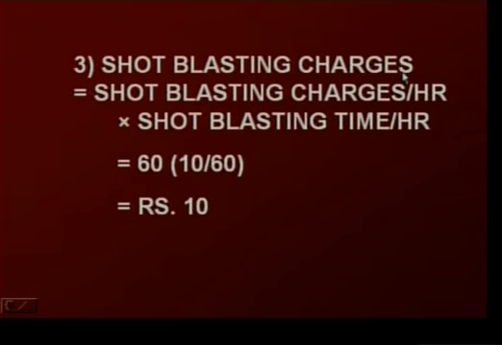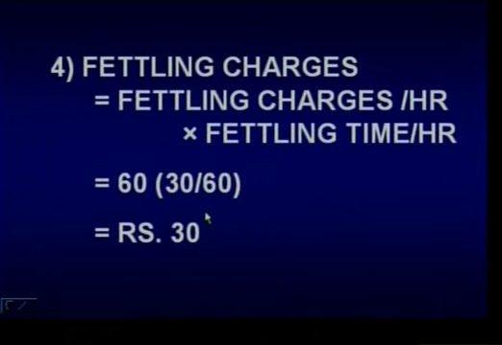Shot blasting charges, the product of shot blasting charges per hour with shot blasting time per hour, that is 60 into 10 by 60, the value becomes 10 rupees. Fettling charges, it is the product of fettling charges per hour with fettling time per hour, that is 60 into 30 by 60, that value becomes 30 rupees.